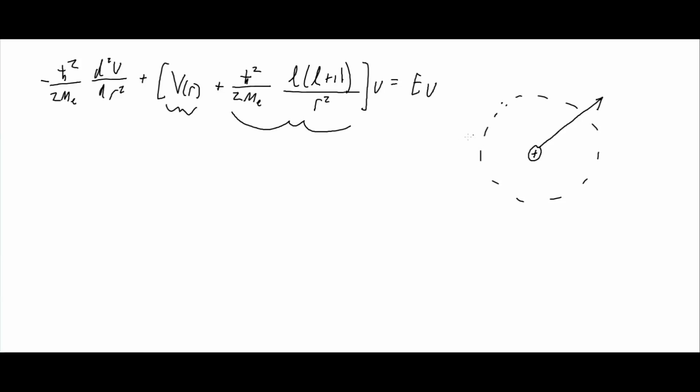That's essentially just the pseudo force that's pushing the electron away from the nucleus as it's spinning rapidly around the nucleus.